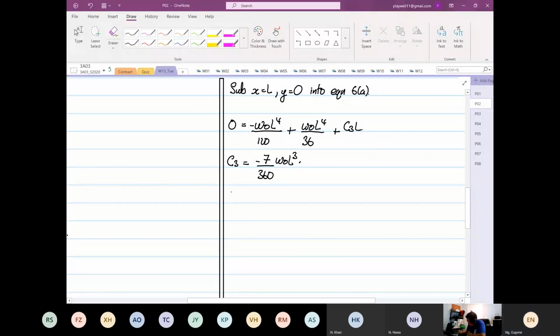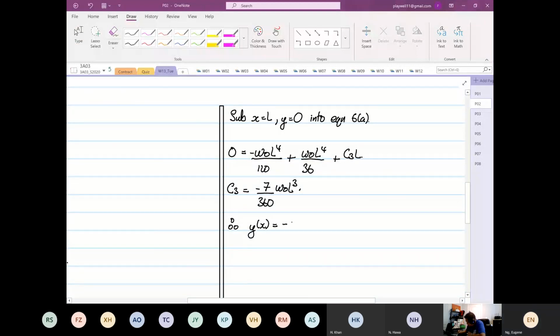So therefore, y as a function of x is equal to minus omega naught x^5 over 120L plus omega naught L x cube over 36, and then the last one is minus 7 over 360 L cube.